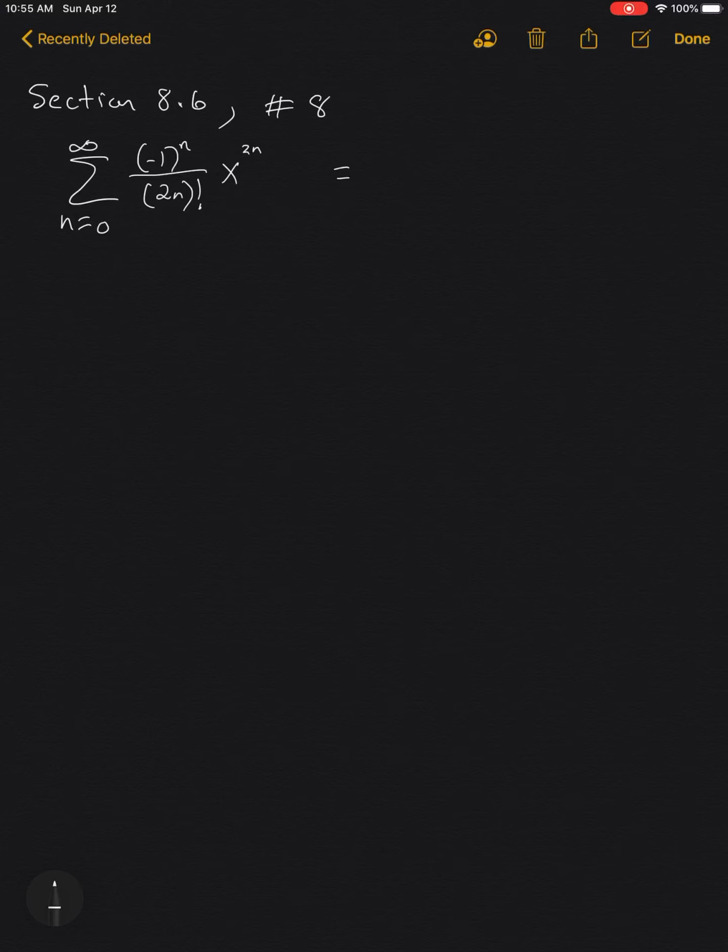So the idea is this is going to be some power series, a0 plus x, and we're going to write out the specific first 5 terms. So we're going to be plugging n equals 0, 1, 2, 3, and 4, the first 5 values of n, into our formula for the terms.